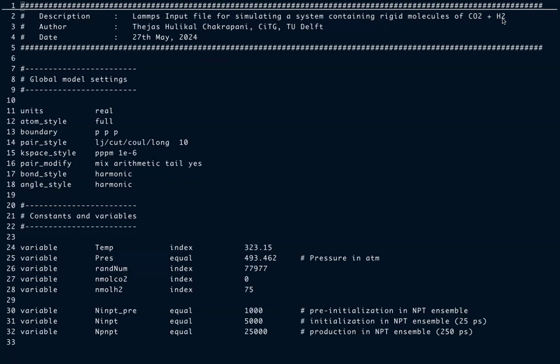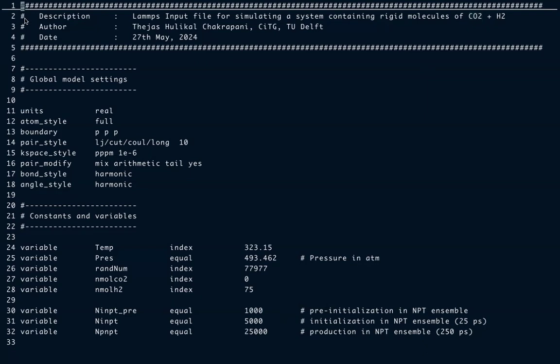And like I said, we wish to calculate the diffusion coefficients as well, and for that reason, I've chosen an input script which can also simulate CO2. But we can choose how many CO2 molecules should be there in the script, so that can be set to 0. So in functionality, we are actually simulating only hydrogen in this particular case.